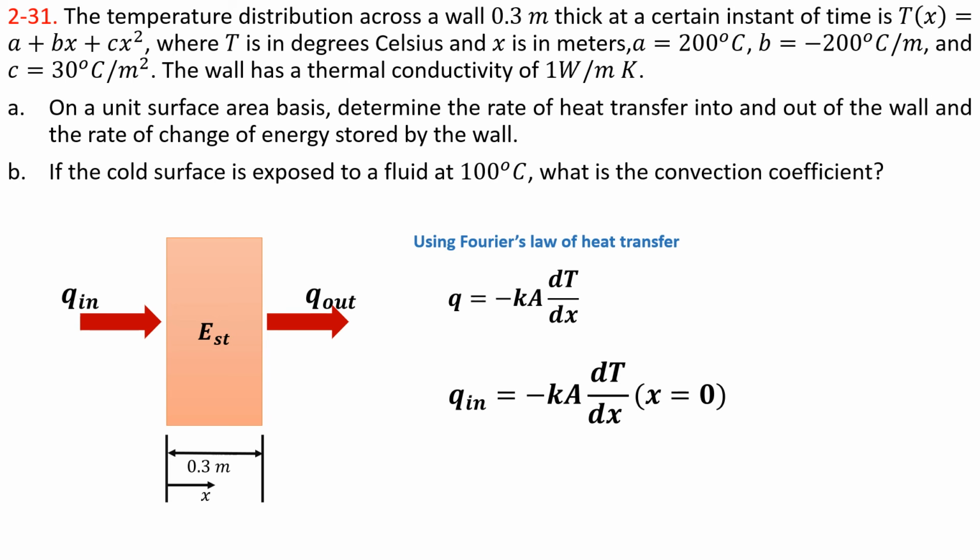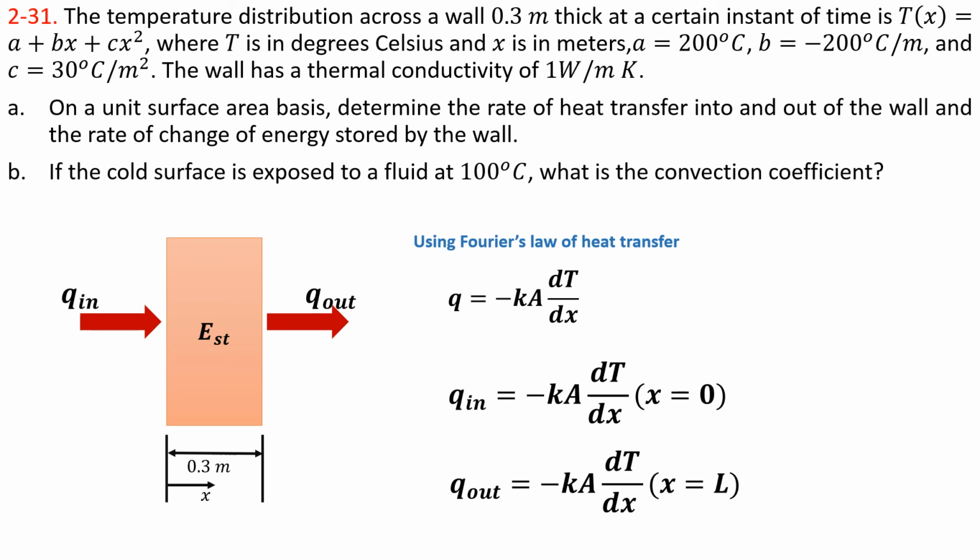k is the thermal conductivity given in the problem statement, 1 watt per meter Kelvin, and it is mentioned that it is a unit surface area, so A is equal to 1. We have the temperature distribution, so we have to find dT over dx.